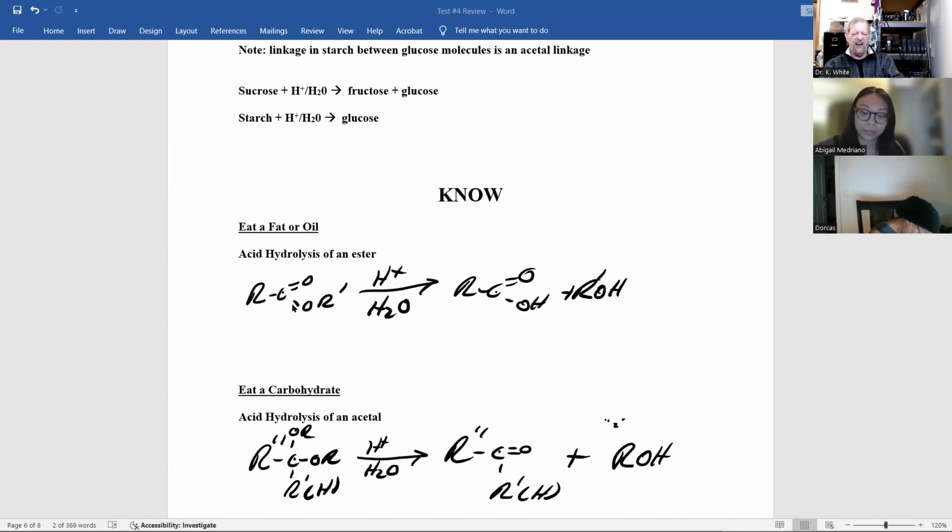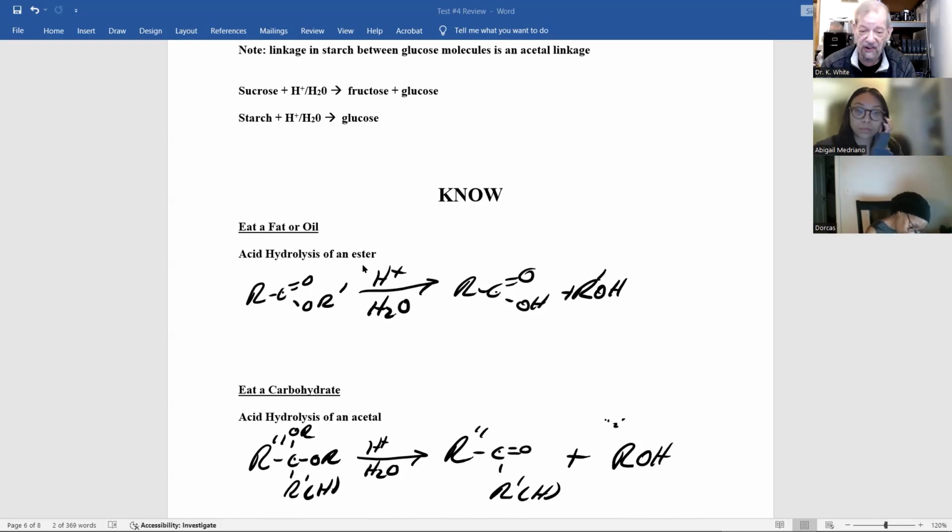The general reaction: ester, acid, water, you get back the carboxylic acid and the alcohol you would have used to make that ester. Again, you should know how to describe with words and a general reaction what happens when you eat a fat or oil. And that's acid hydrolysis of an ester.